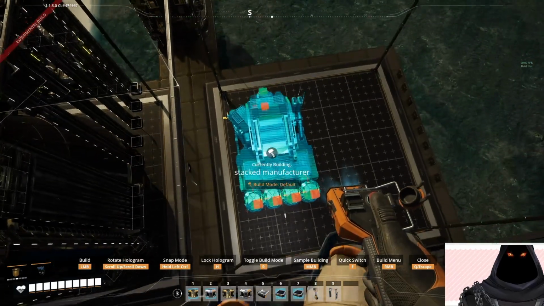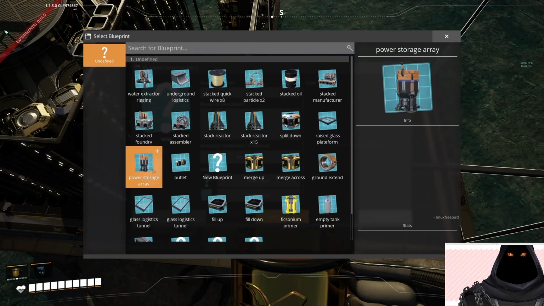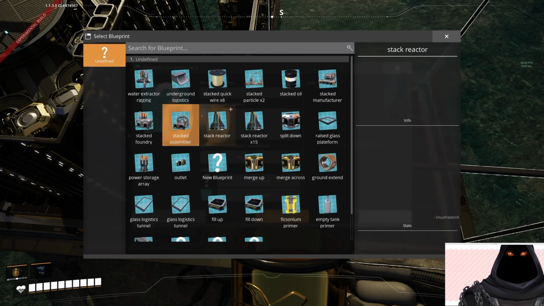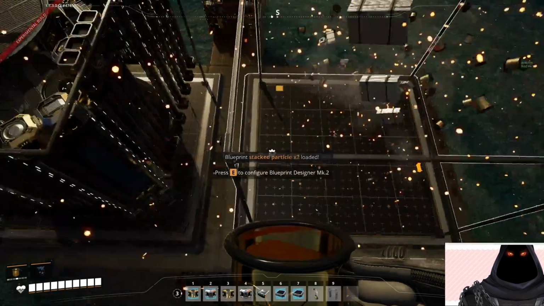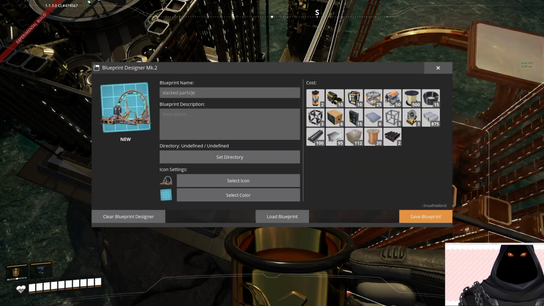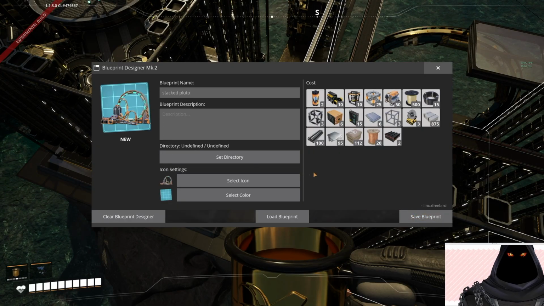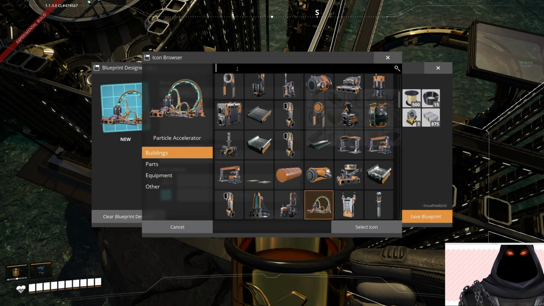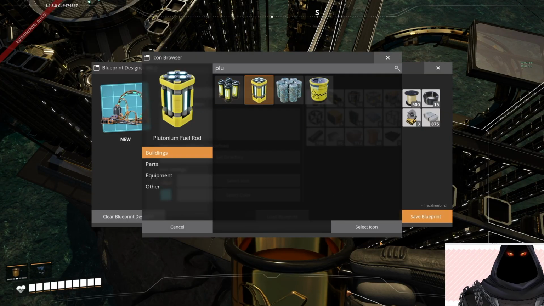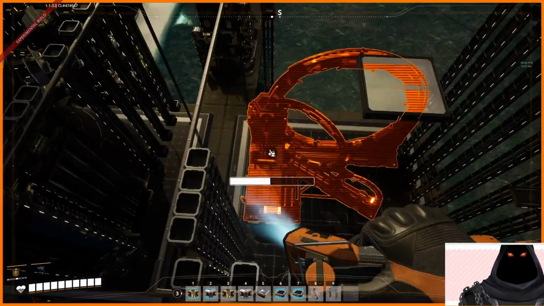So fun fact, I made a bunch of stackable blueprints. Alright, we're gonna grab the assembler. Not the assembler, the particle accelerator. Where is that? Right here. And we're going to rename this as... no. Okay. I gotta delete a bunch of stuff.